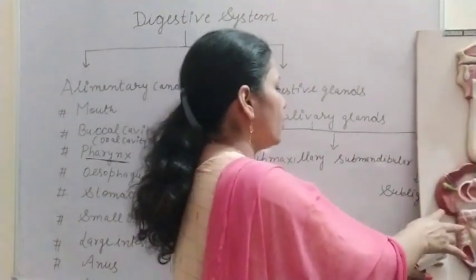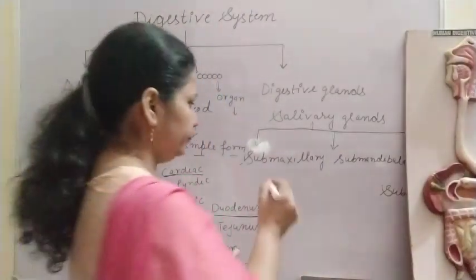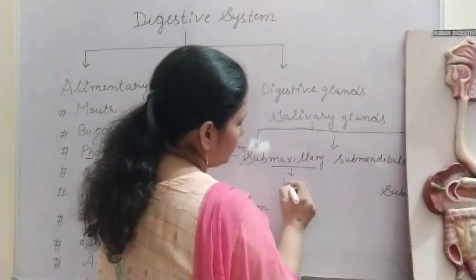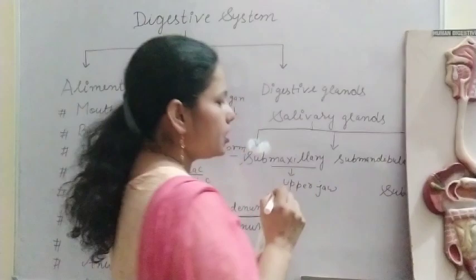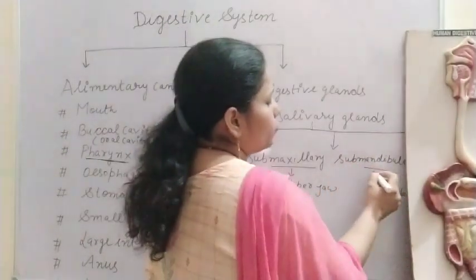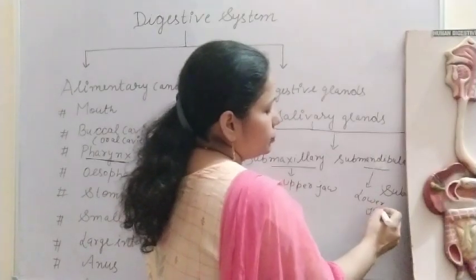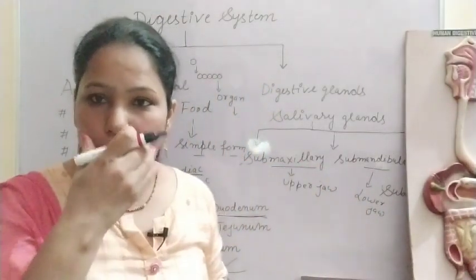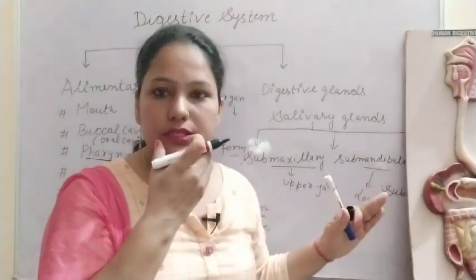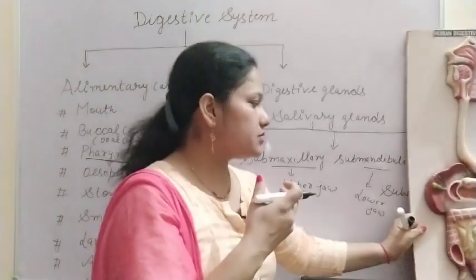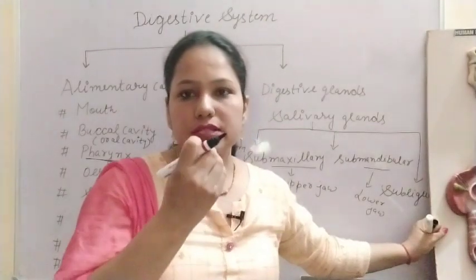So the word maxillary is related to our upper jaw, and the word mandibular is related to our lower jaw. जा मीन्स हमारा जो जबड़ा है, अब हमारे अपर जा से जो रिलेट करेगी दैट इज सब मैक्सिलरी. मैंडिबुलर मीन्स हमारे लोअर जा से, and sublingual that is related to our tongue, means below the tongue.